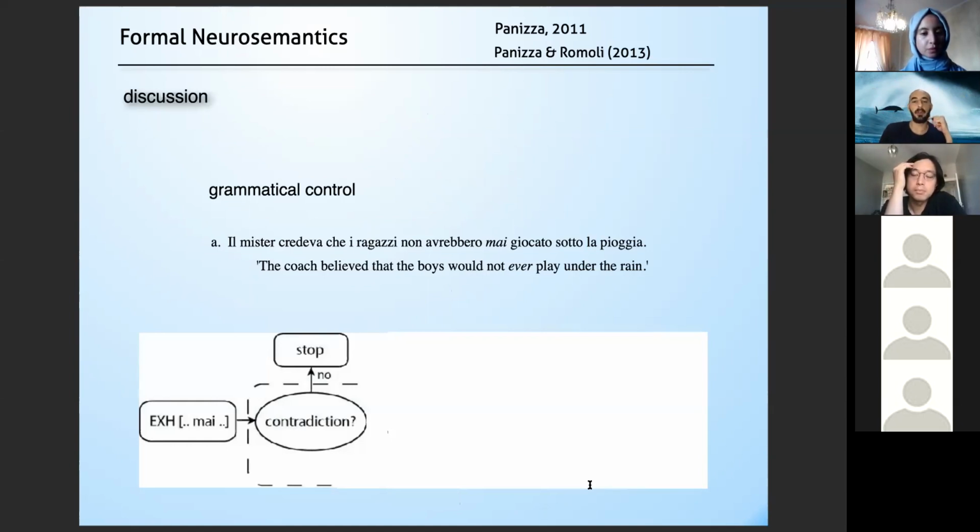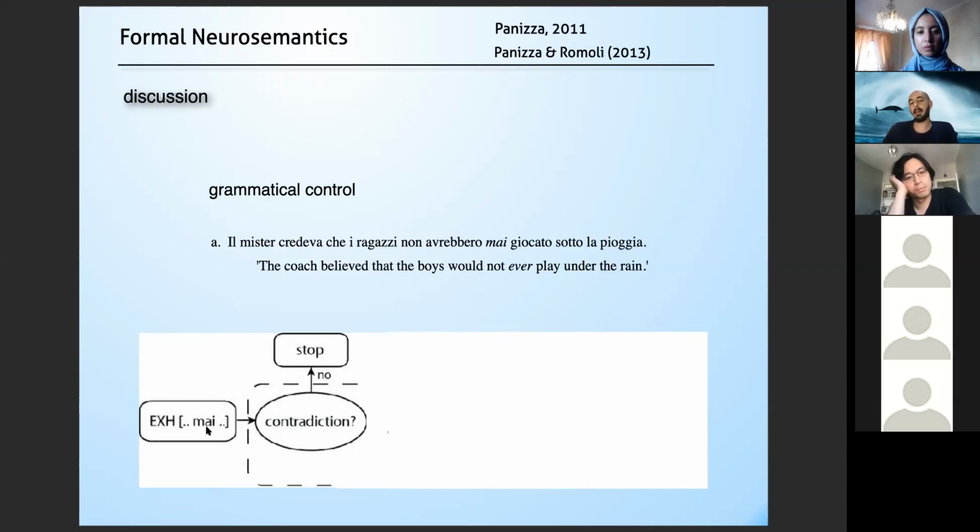Based on the assumptions that we can make if we buy this sort of conventional implicature idea, NPIs have this implicature that makes sure that all the alternatives must be entailed. Okay, and if that is not the case, then you get the contradiction. In your grammatical control, what happens? You get negation, right?